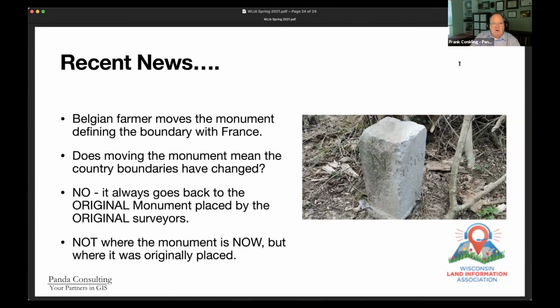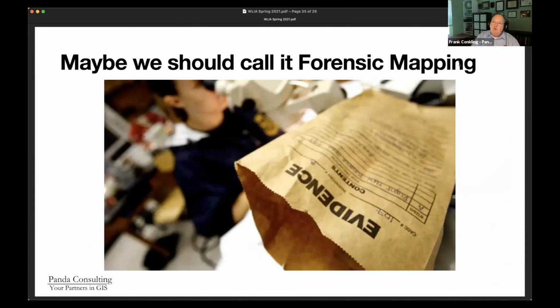Remember, it always comes back to the monument. Where was that monument placed? I've talked to my team and other people, and we kind of do ourselves a disservice by saying, oh yeah, we're just mapping it, as if it's a very modern thing to do. But the reality is, all too often, we can almost be thought of as forensic mappers.